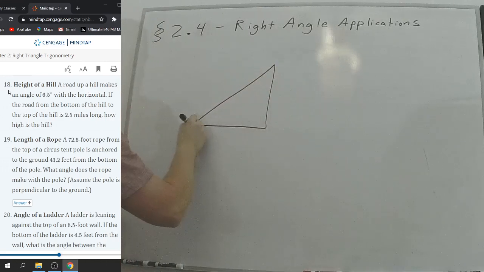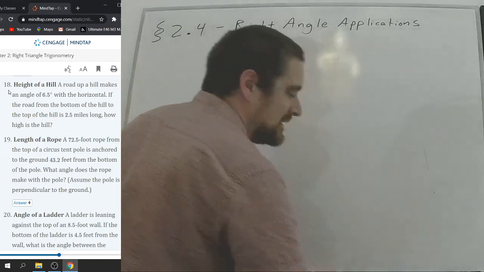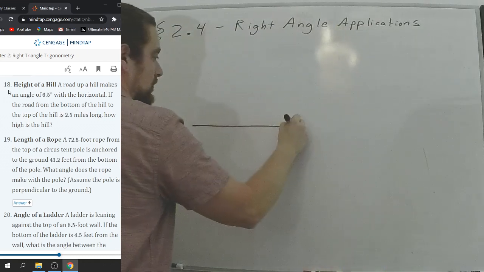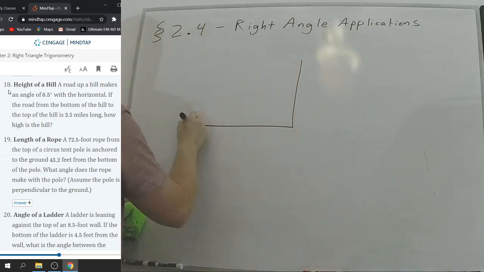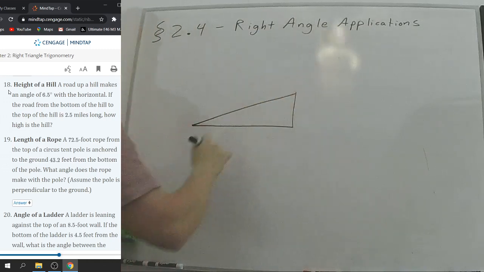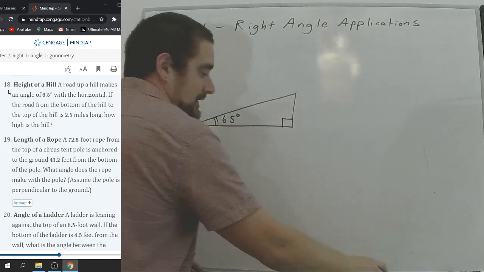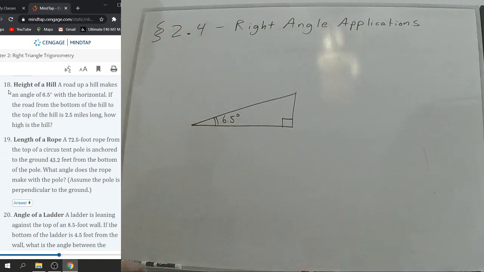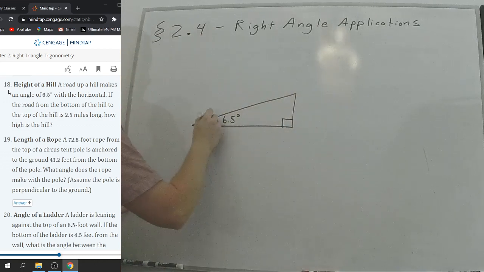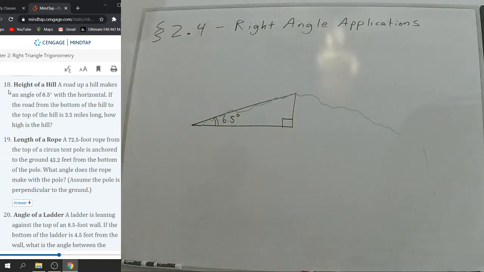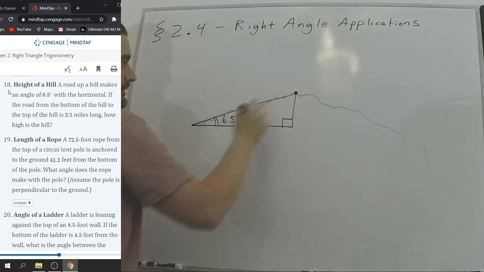I'm going to exaggerate the angle quite a bit. We've got a horizontal, and a 6.5 degree angle, and I'm looking towards the top of the hill. Now, the hill itself isn't going to be an exact triangle. Realistically, that hill has a little bit of asymmetry to it, and it's probably rounded off at the top, but there is a top of the hill that we can look at.